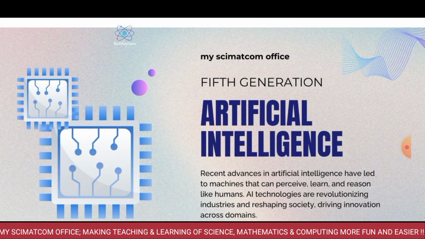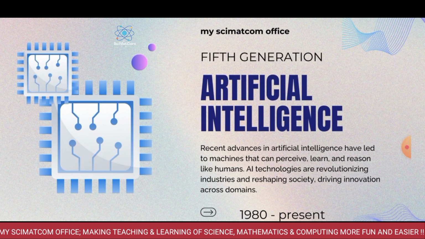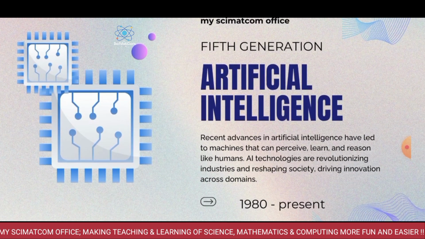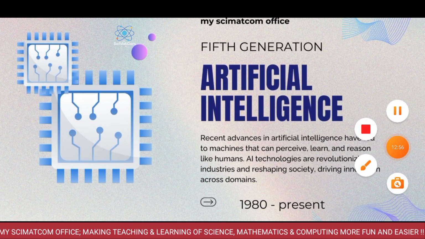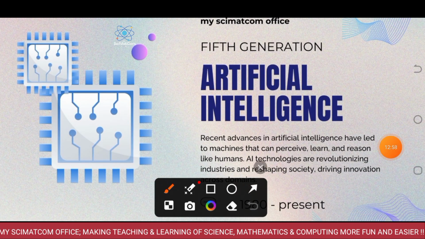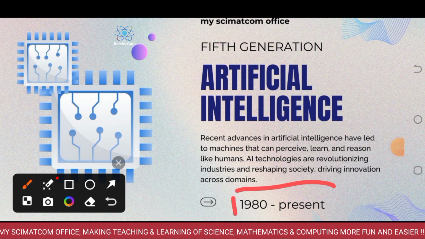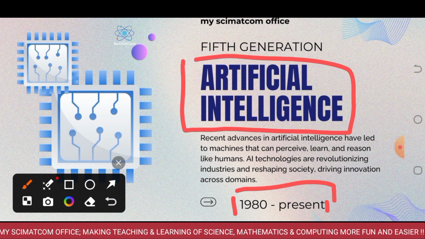And then we come to the fifth generation computers, the new age. So 1980 to present, as you can clearly see here. These fifth generation computers use artificial intelligence. The artificial intelligence age is the use of systems to think, reason, and compute like humans, but they are not actually humans.